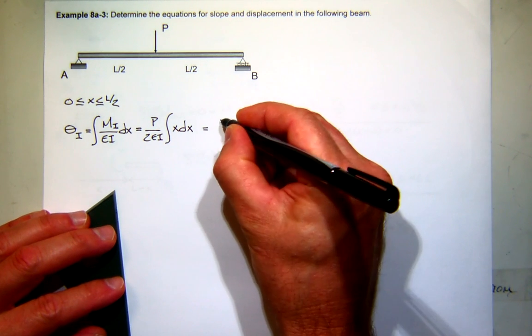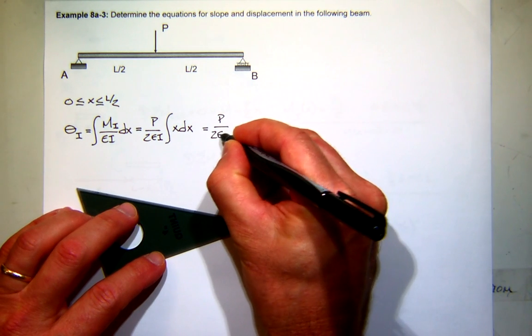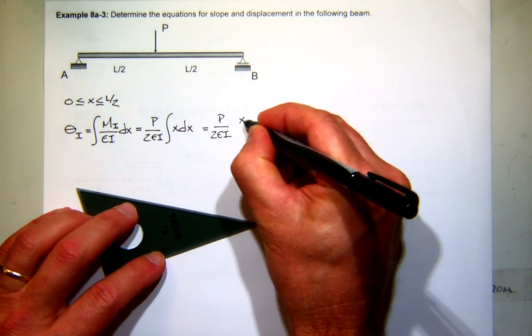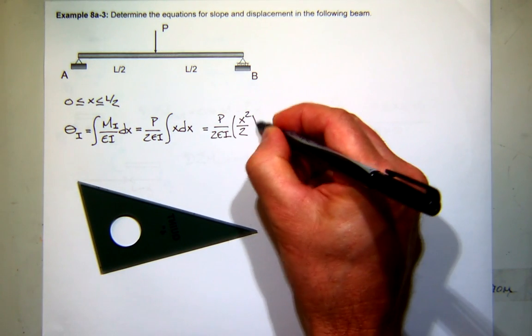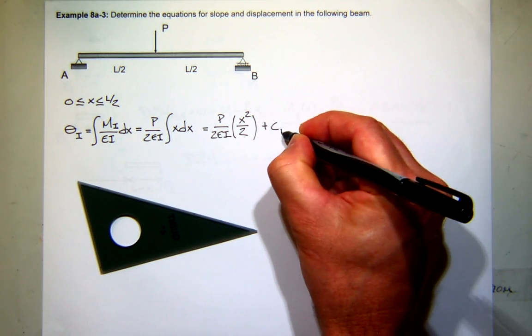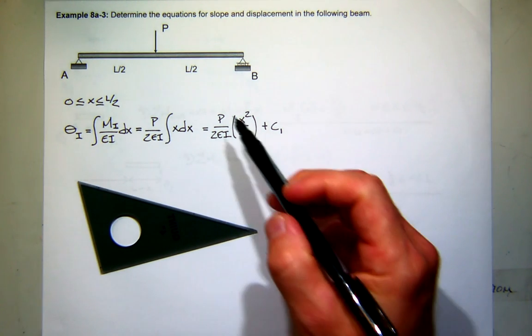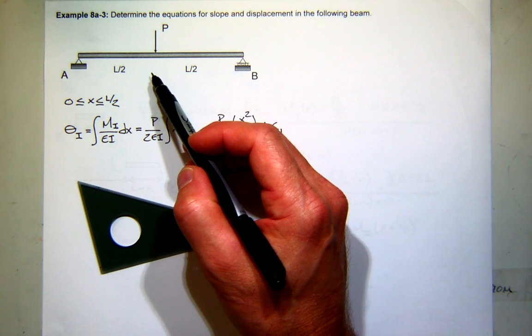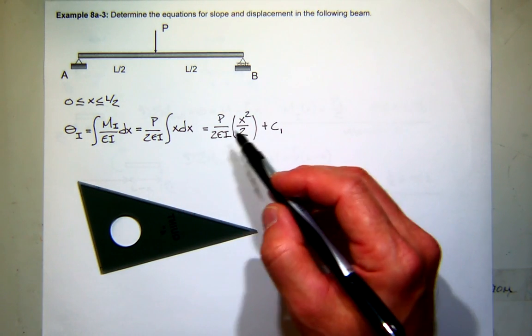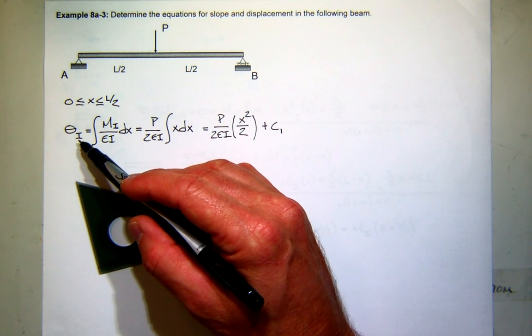So that ends up being P over 2EI times x squared over 2 plus our first integration constant. Now for this particular problem, I could go right now at L over 2 and make sure that the slope is 0, for this problem only.